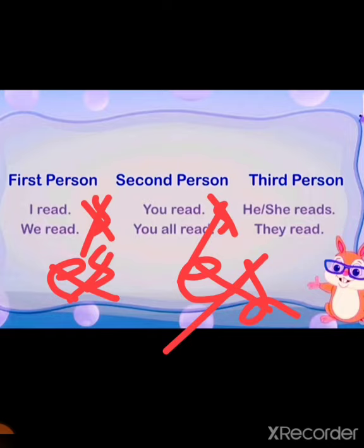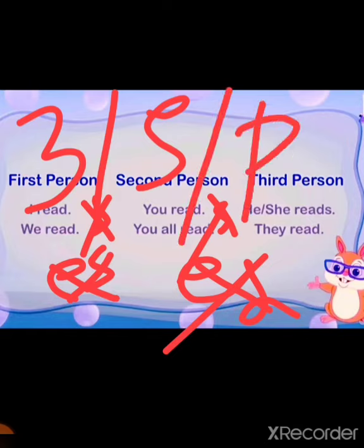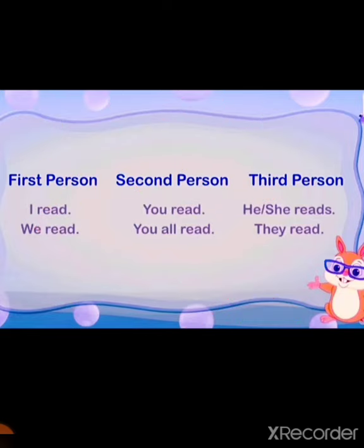We will add s or es after the main verb if the subject is third person, singular number and present tense. If these three requirements are there, you will give s or es after the main verb.